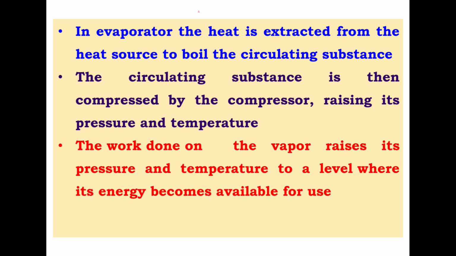In the evaporator, the heat is extracted from the heat source to boil the circulating substance. The circulating substance is then compressed by the compressor, raising its pressure and temperature.